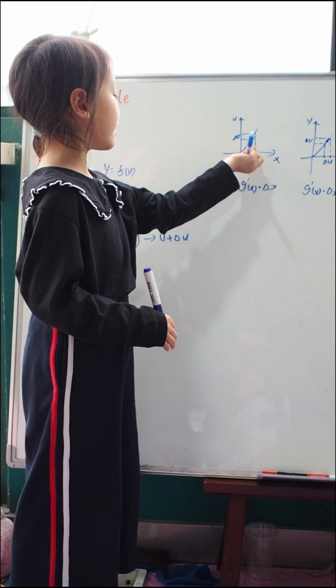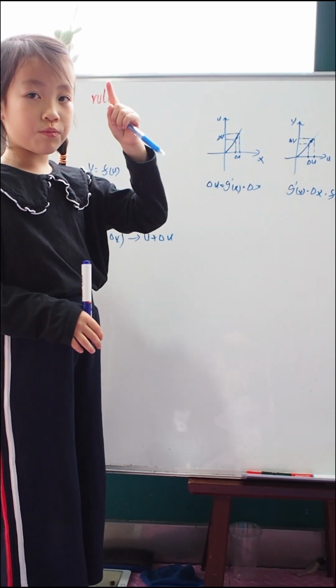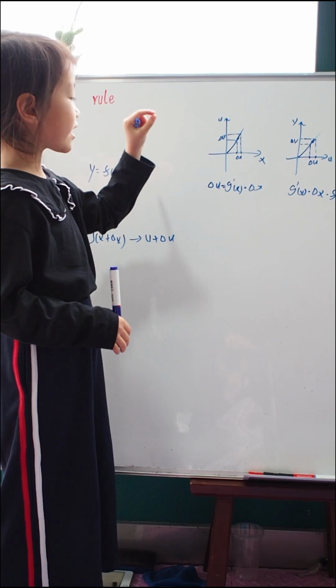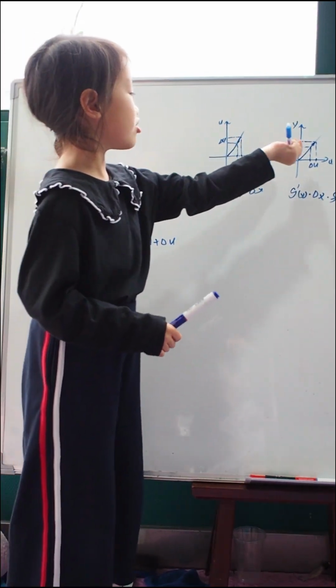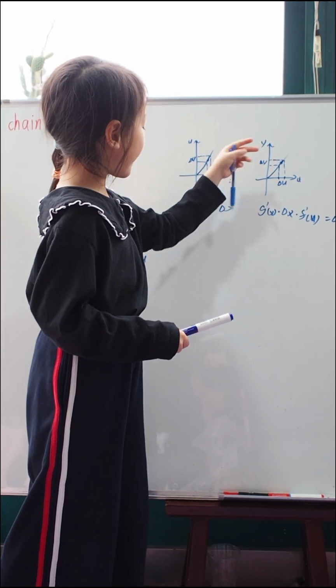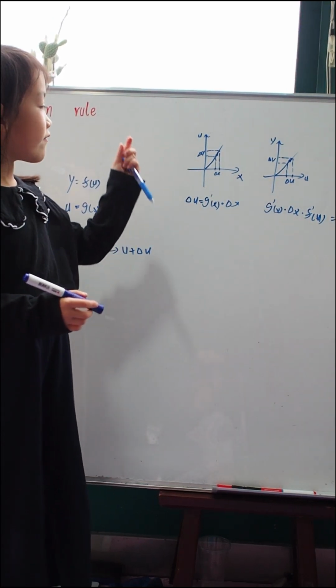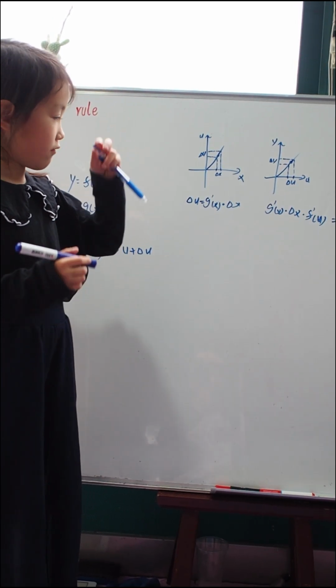If I let dx times the slope, I will get a du, and du times the slope gives a dy. That means we have a very gentle, smooth curve.